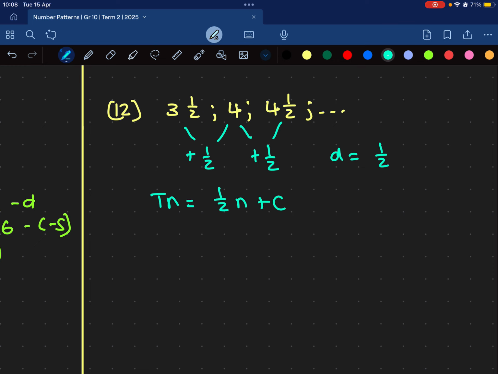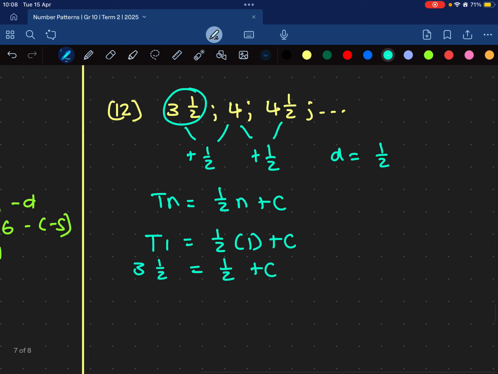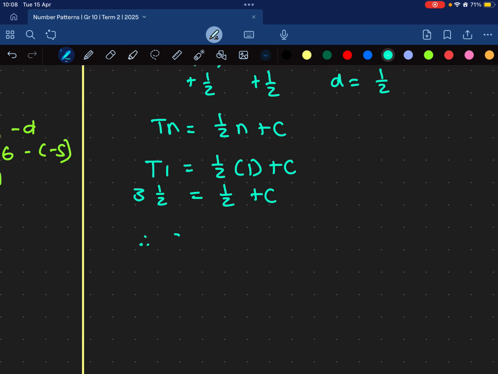Now you need to figure out what c is. I'm going to do the substitution method. So I'm going to say, well, T1 is equal to a half times 1 plus c, but T1 is 3.5. So 3.5 is equal to a half plus c. Then you'll bring the half to the other side.